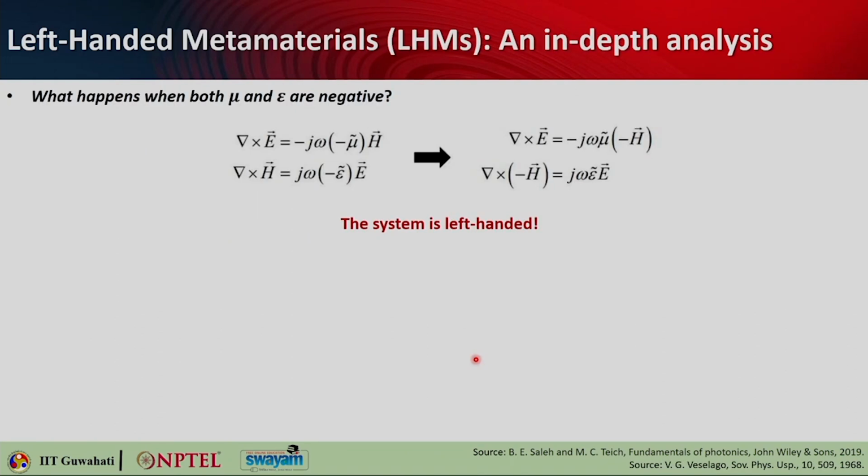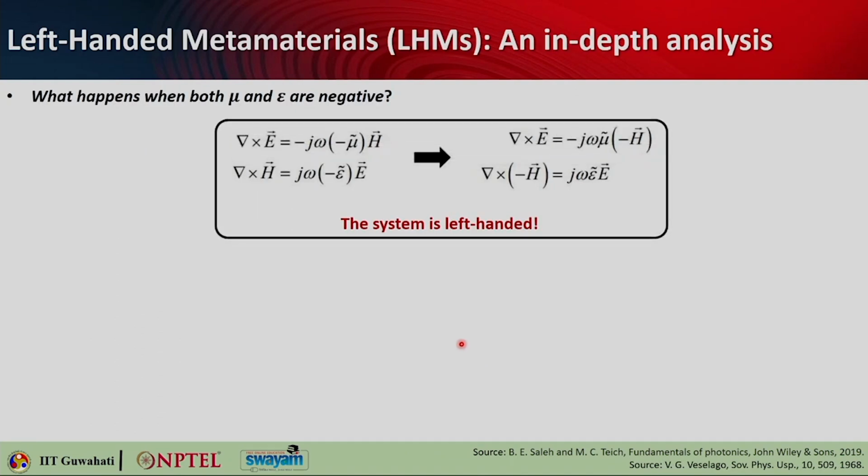Now why this has happened: we have discussed that the equation has got a negative sign, because the permittivity and permeability here are negative. So if you absorb the negative sign into the magnetic field only.